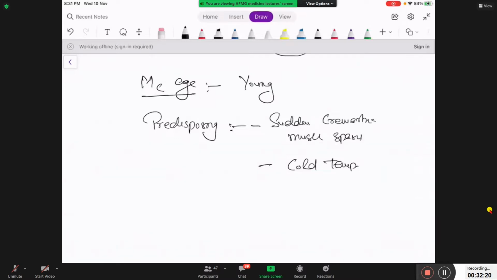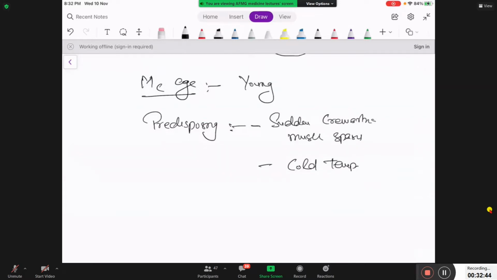So there will be a classical presentation of a patient of testicular torsion. Sperm formation? It has nothing to do with sperm. Now the clinical profile of the patient is going to be the key here.